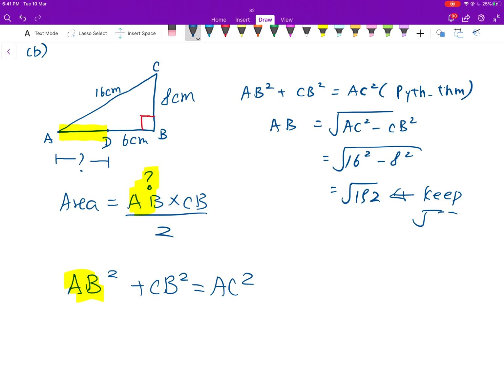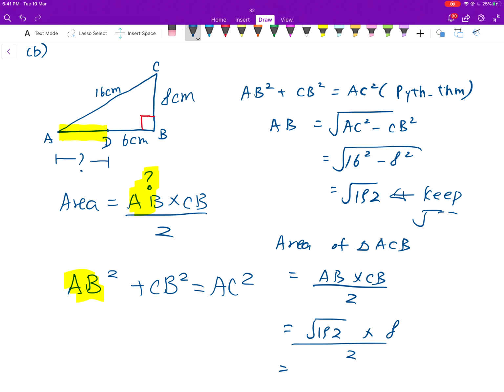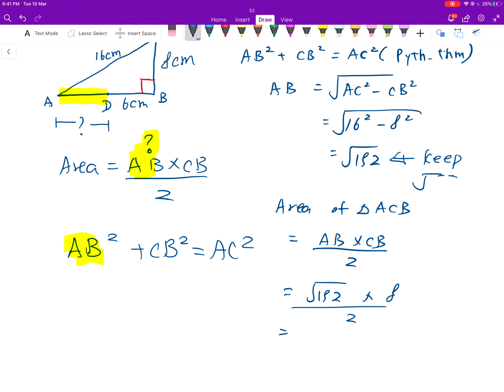All right, so AB equals the square root of 192. Then the area of triangle ACB equals AB times CB divided by 2, which is the square root of 192 times 8 divided by 2.